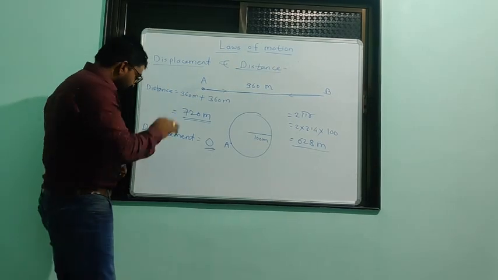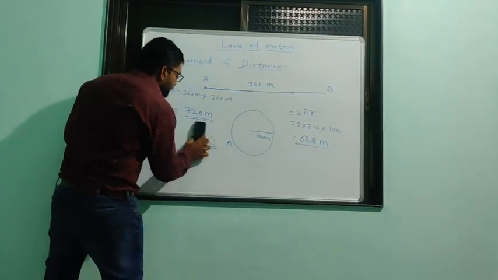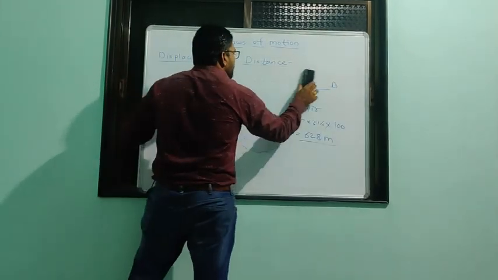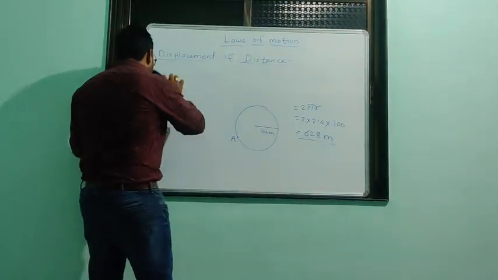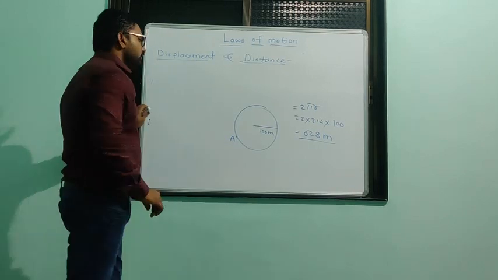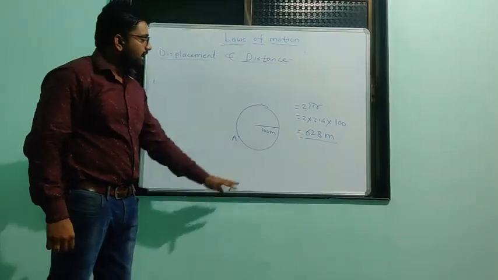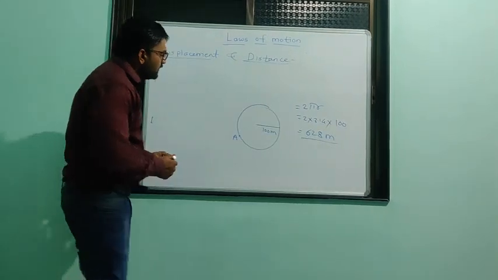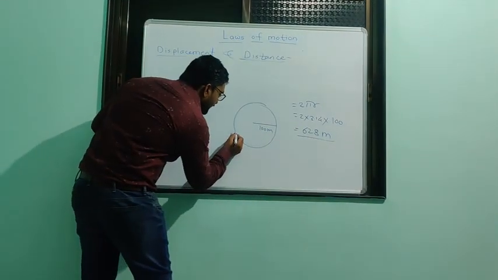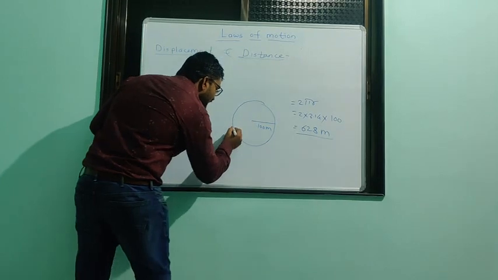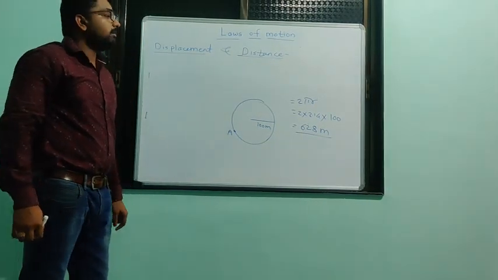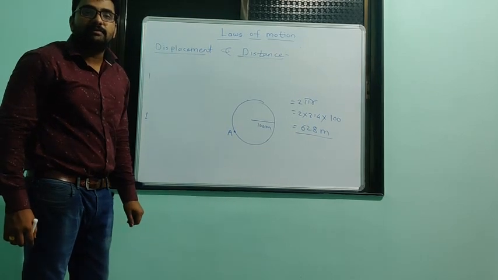Another example we have to see is that of the circle. Here is one circular ground, and we are going jogging on this ground. It has a radius of 100 meter. We start from point A, complete one circle and again come back to point A. So what about our distance and displacement?